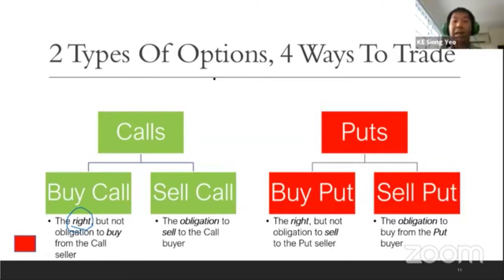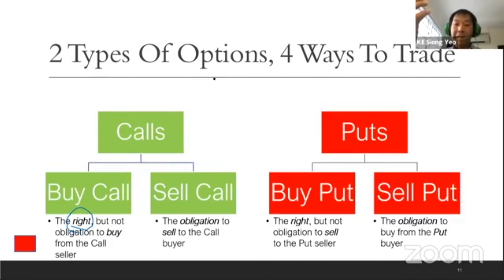You can do that. But as a put seller, if the price of Coca-Cola drops below the price your counterparty has entered in the contract, let's just say I'm a put buyer and I buy this put option from you, the seller.